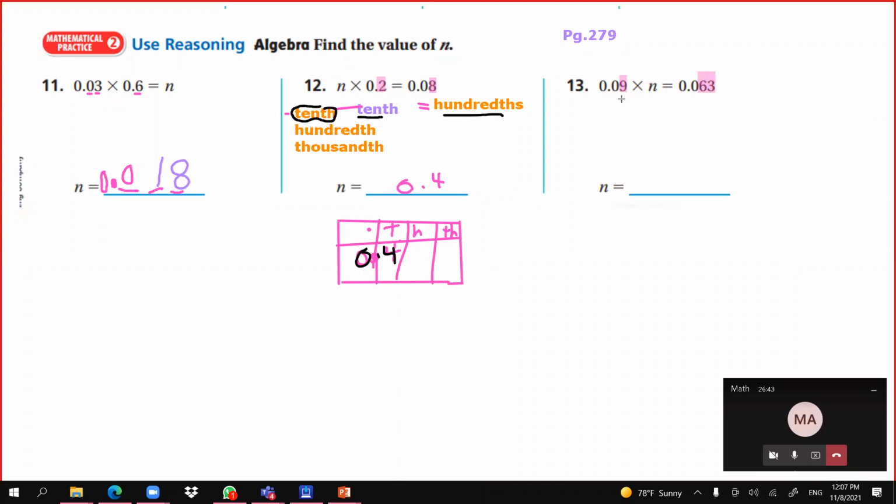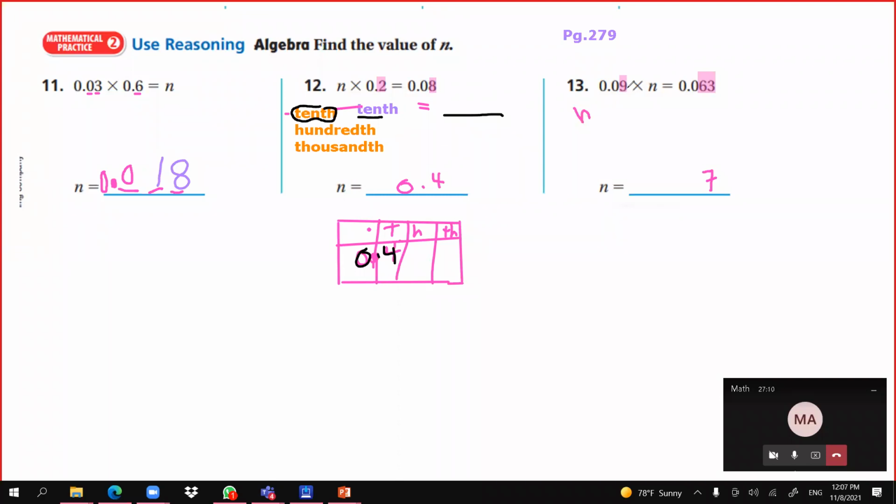So what's the number that you multiply by 9, you get 63? It's 7. Right. Then Muna, where's the digit of 9, in which place? Hundredths. Bravo. So it's on the hundredths.